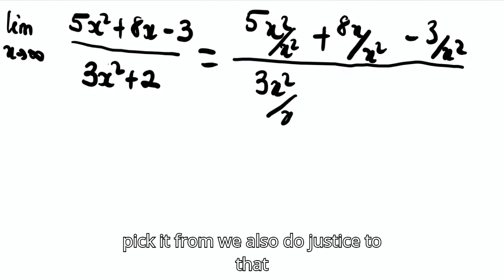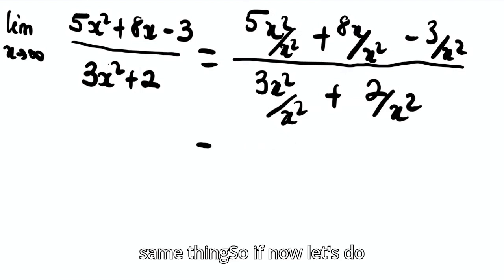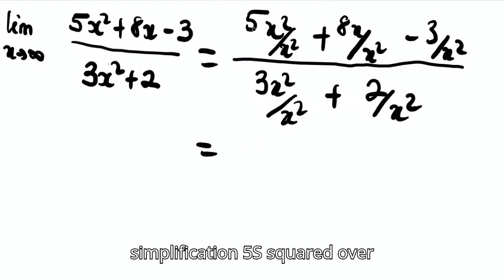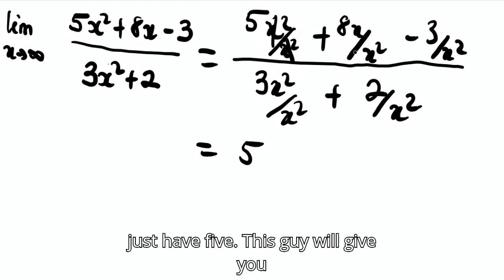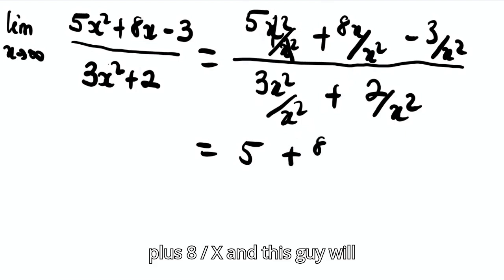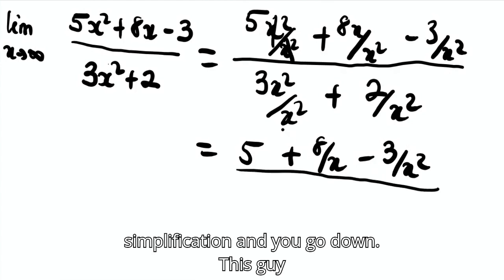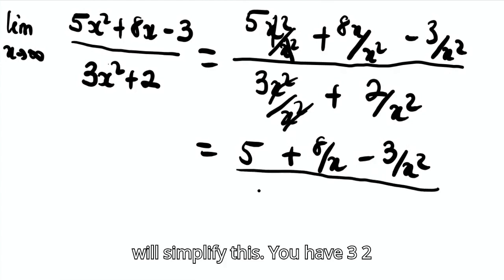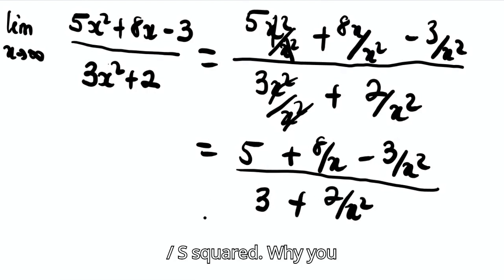Whatever we pick, we also do justice to that same term. So now let's do simplification. 5x squared over x squared. The x's will cancel, so you just have 5. This guy will give you plus 8 over x, and this guy will maintain like that during the simplification. Then you go down, you have 3 plus 2 over x squared.